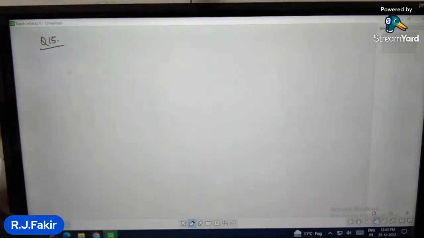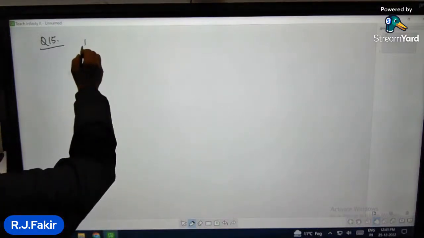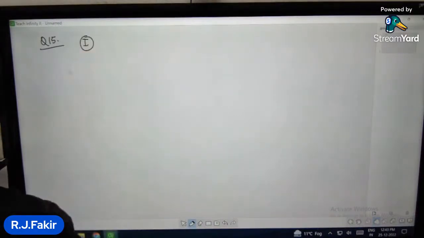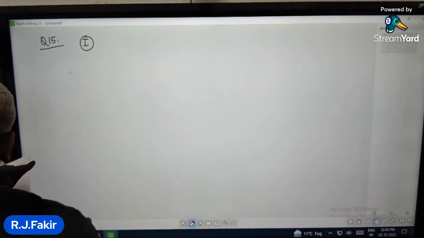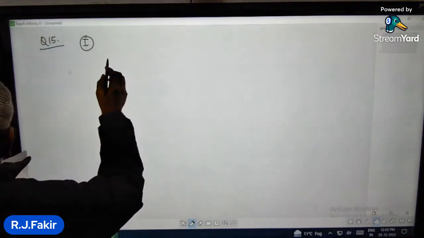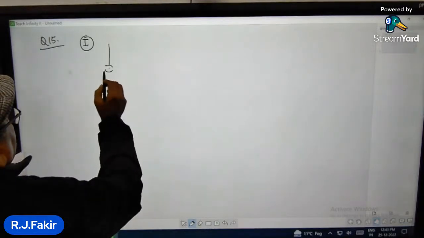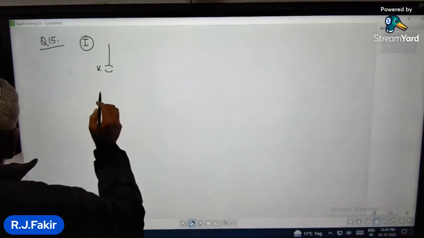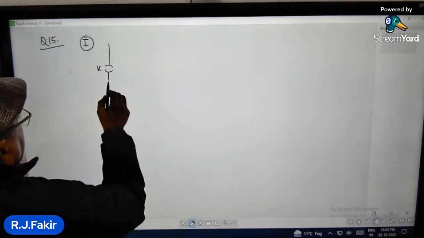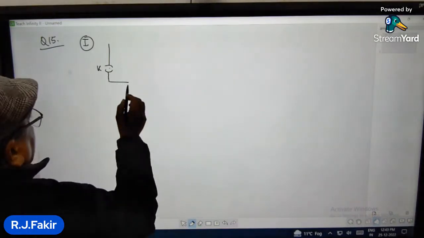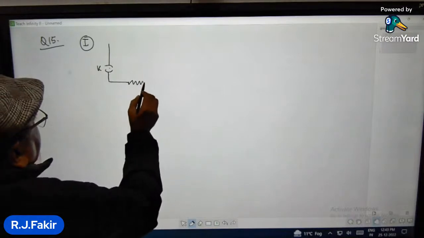Here, three circuit diagrams are given. The first one has a key here, then a resistance R is connected to this.